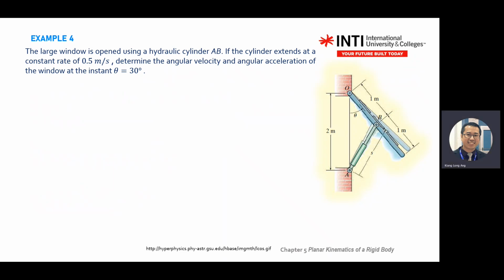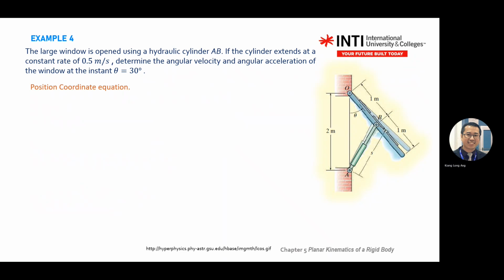What is meant by open? What happened to the piston? Extend. What happened to the blue color body? Again, angular velocity is clockwise or anti-clockwise? Anti-clockwise. You understand why anti-clockwise? You open out like that. So same for velocity, acceleration, angular acceleration, same direction.